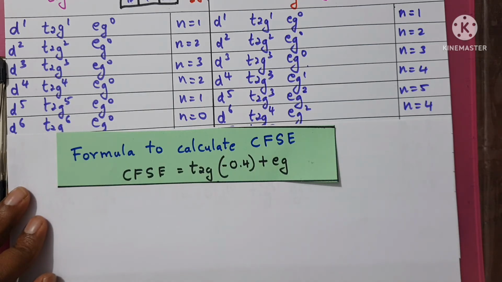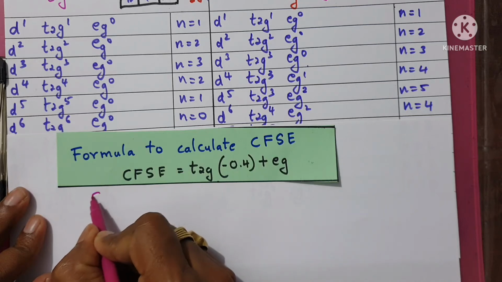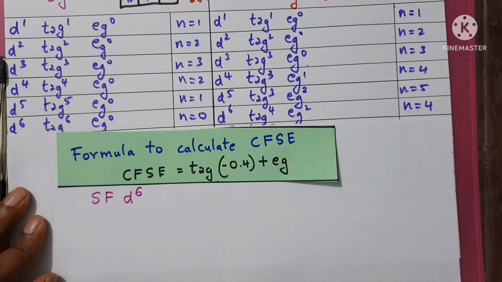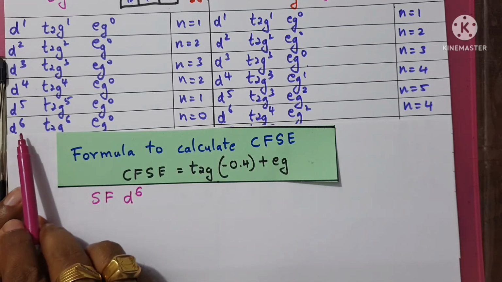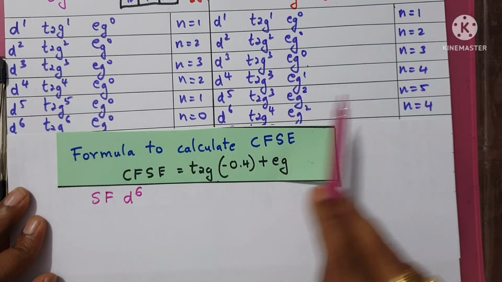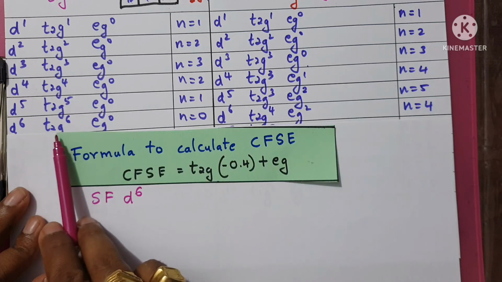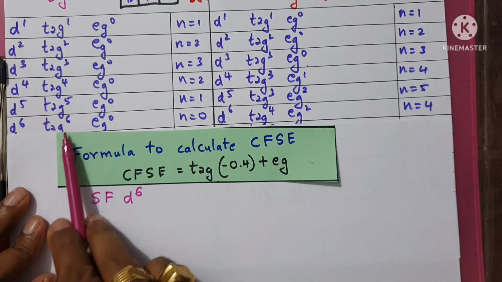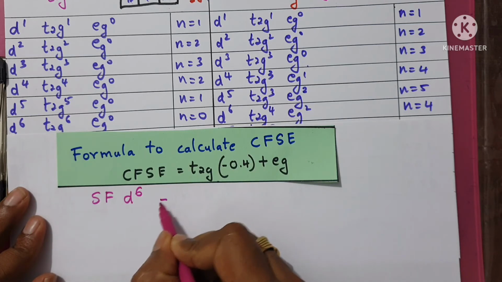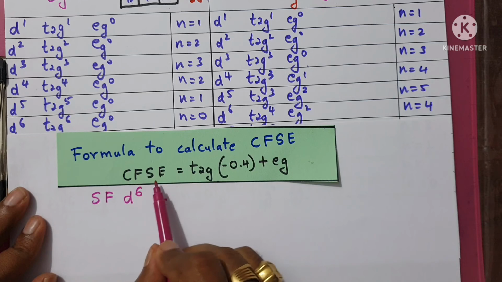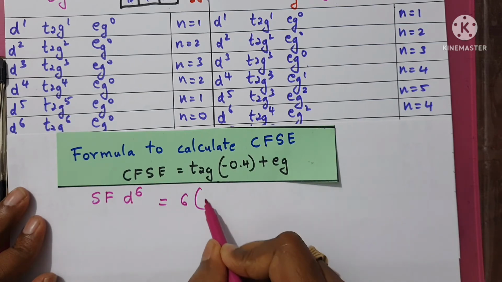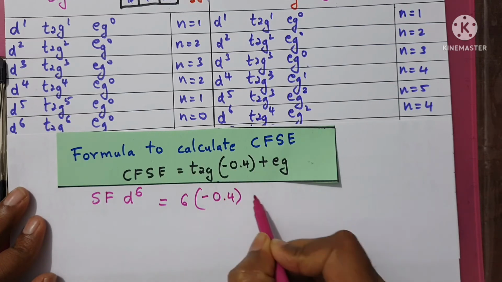I hope now you know the formula. Let me try for a strong field ligand with the configuration of d6. So where is d6? Here is d6. I have written this side strong field ligand, this side weak field ligand. The strong field d6 is here. You can observe here t2g6, 6 electrons are there for t2g. So I will write in the formula, CFSE is equal to t2g6 into minus 0.4 plus eg.